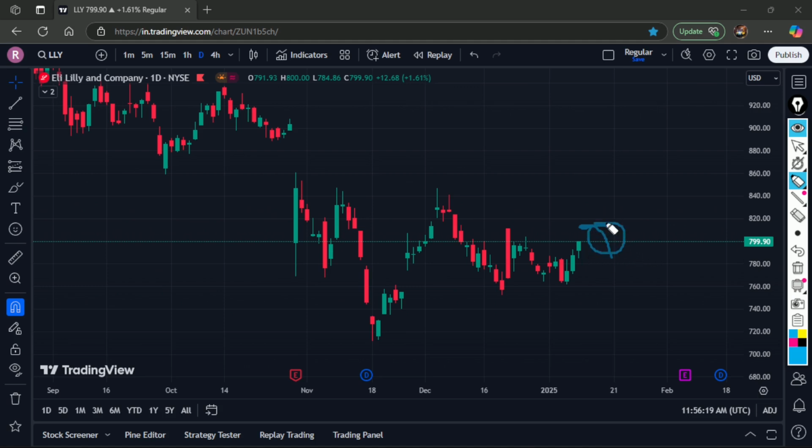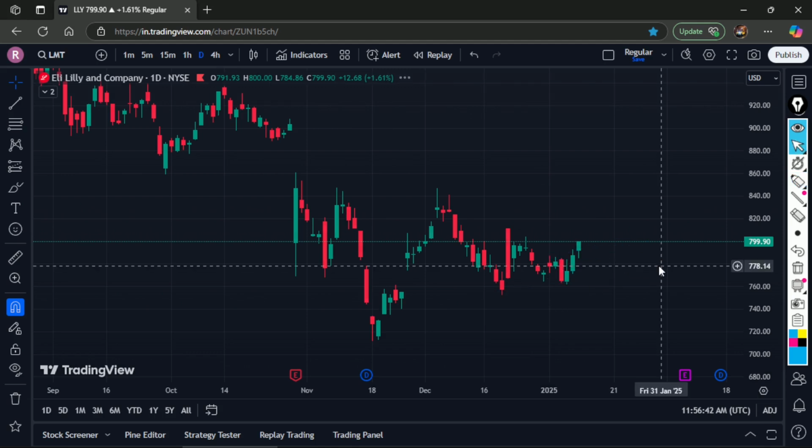A quick selling scenario can be seen here. Otherwise, we are just going to wait, and if it opens with a gap down, then I'm interested in selling, because as we can see, these are the weak levels for now. So we wait to see how things unfold in LLY.